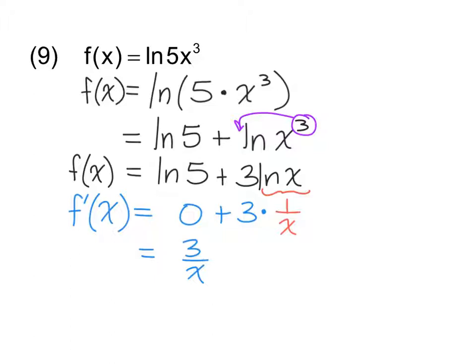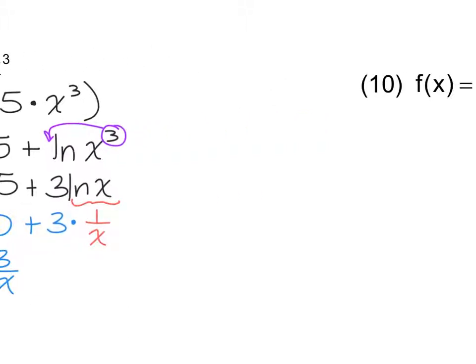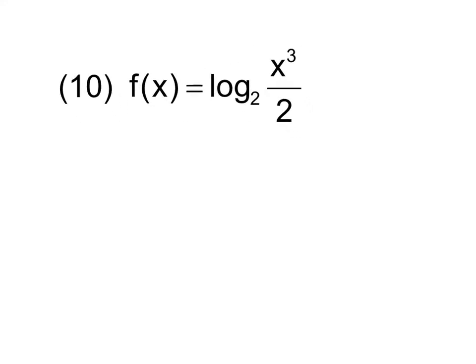Can't do that. That exponent does not apply to the 5. 5 is not being raised to that 3rd power. So you have to separate first before you can hop the exponent. If you hop it too early, you've got a problem. Okay, something to keep in mind.